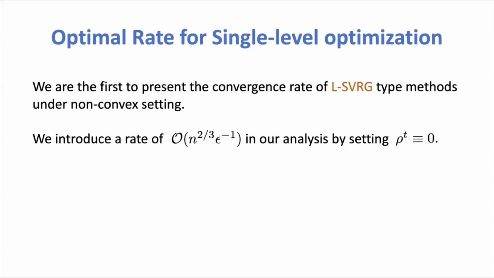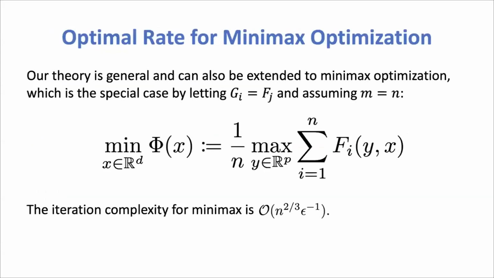Also, we are the first to present the convergence rates of loopless SVRG type methods under the non-convex setting. And if we consider the special case by letting m equal n and letting g_i equal f_i, then we will get exactly the minimax optimization.